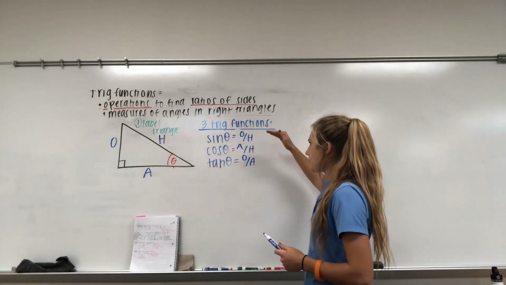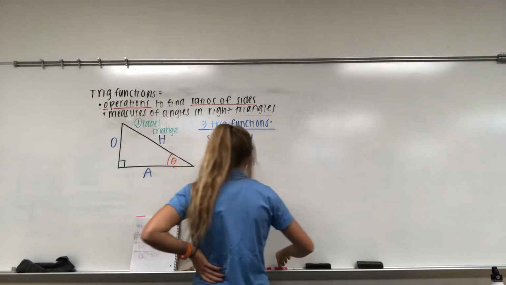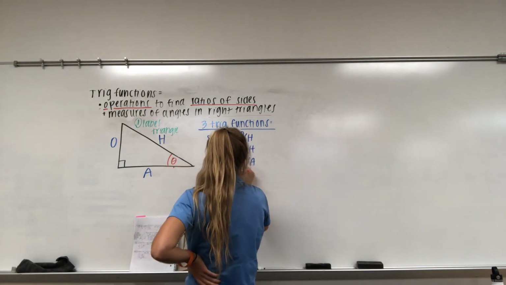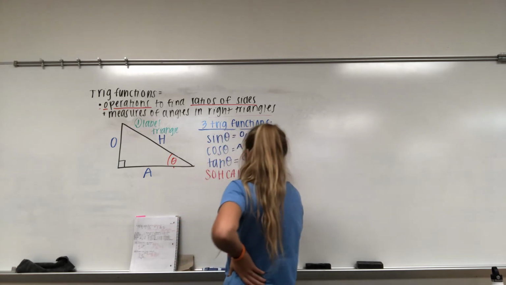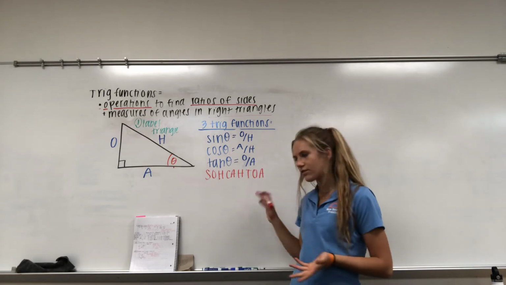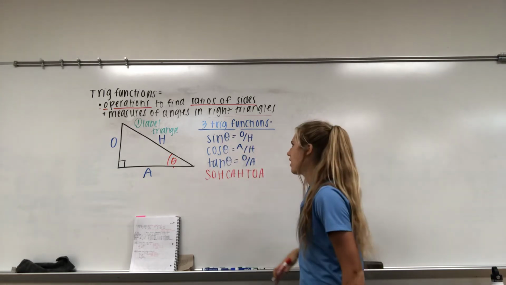So here we have our three basic trig functions. There's a cheesy acronym to remember it: SOHCAHTOA. I personally never remembered it that way, just saying sine, opposite, hypotenuse, and so on.